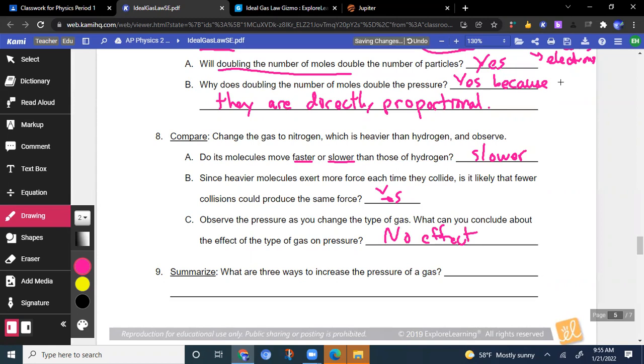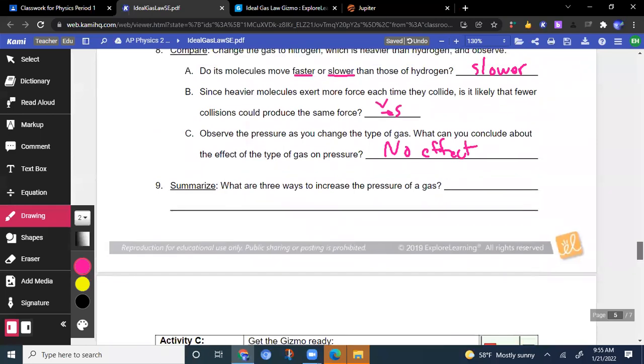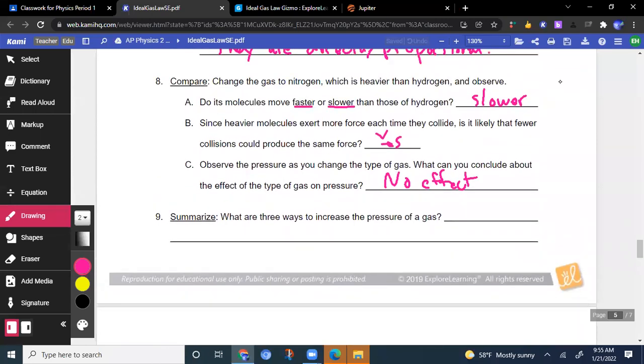What are the 3 ways to increase the pressure of the gas? This is how you're going to finish activity B. I'm going to start off the sentence for you. Pressure increases as, now here's what you got to do. Look up at the top of activity B. Look at all the different ways that pressure could increase.